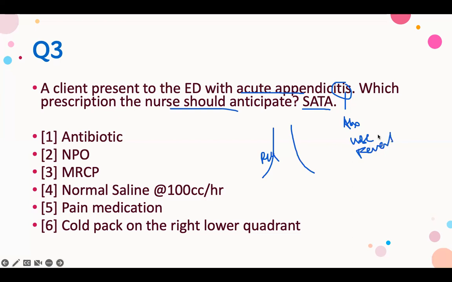If you have a high white count because of the inflammation, I need to give them antibiotic. Because of the inflammation, the bowel is going to slow down, so the patient will not want to eat anything. So they will be NPO. If they are NPO, I need to give them IV fluid, okay? And because they have inflammation, I need to give them pain medication.